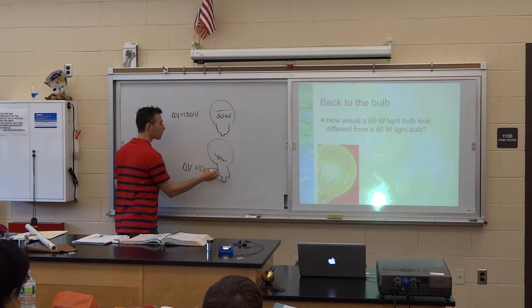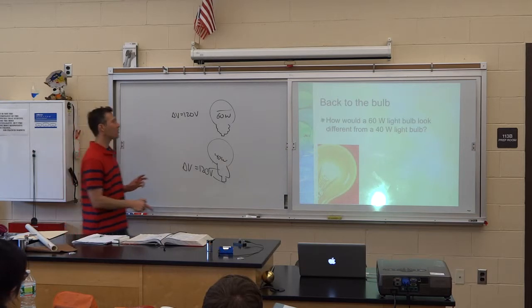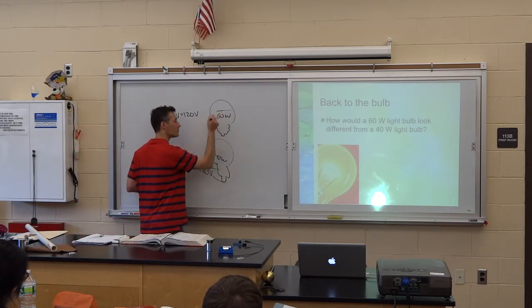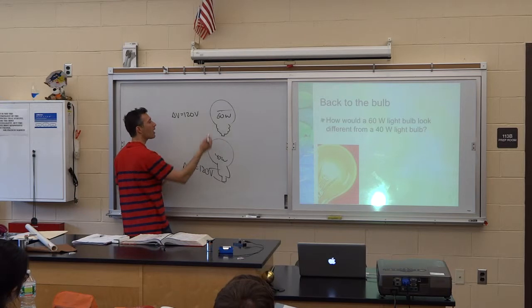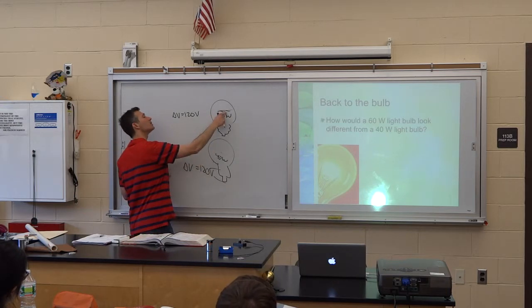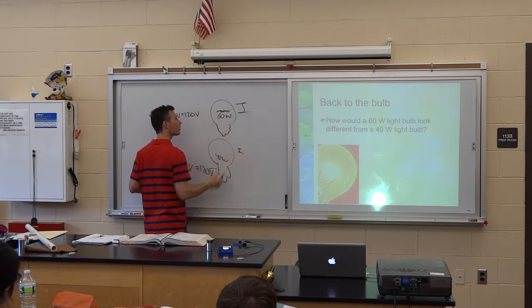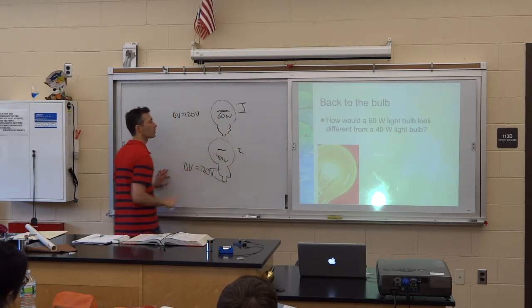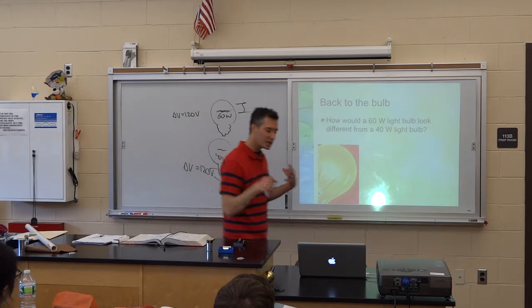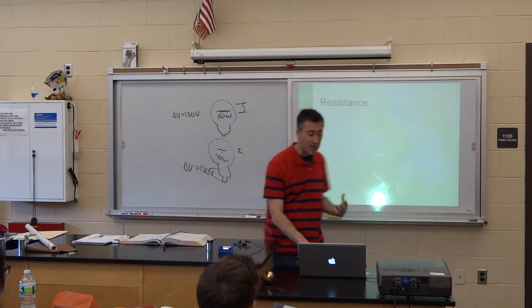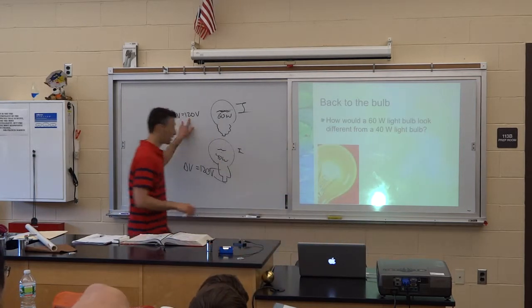And it's different powers because it's a different amount of current, a different number of charges per unit time that's going through the filament. This 60 watt filament is going to have more charges, a larger current, than the 40 watt bulb. Less charges going through this one. And the way that we control how much current, if we can't do it with the potential difference, because we can't.